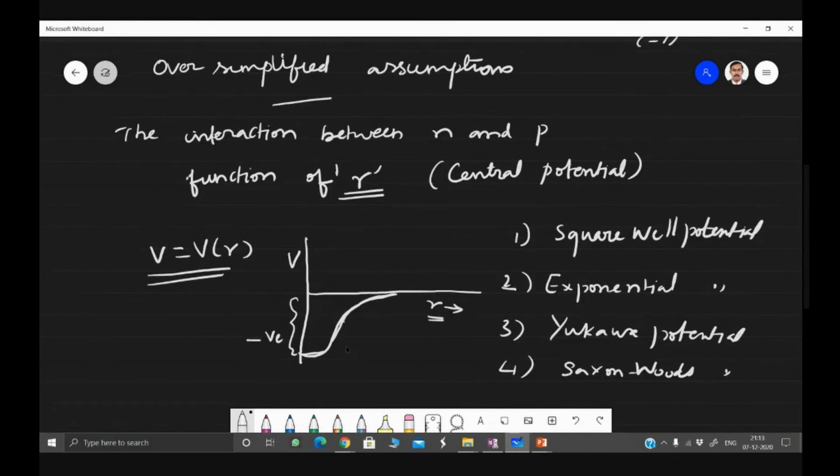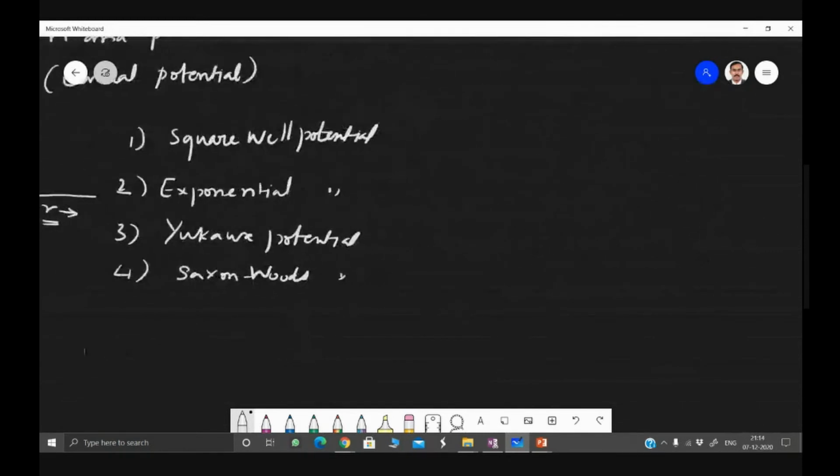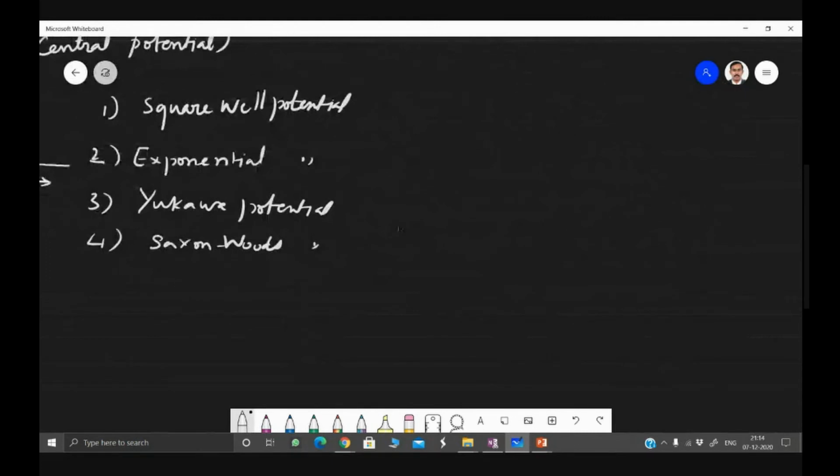These are some of the potentials. So I will give the analytical expression which describes a square well potential. We can assume a square well potential of this form.